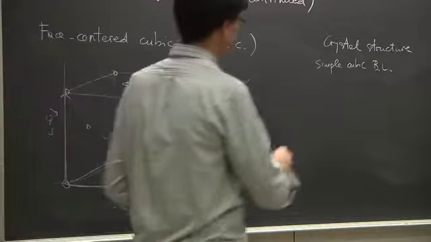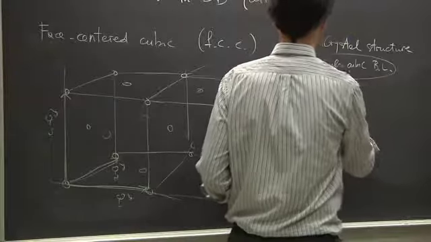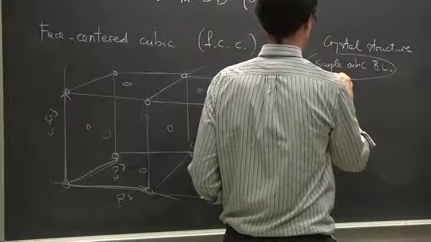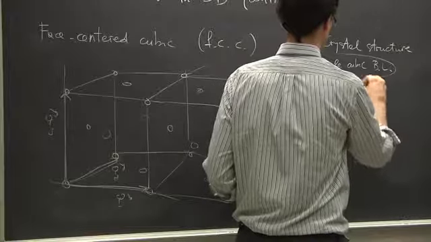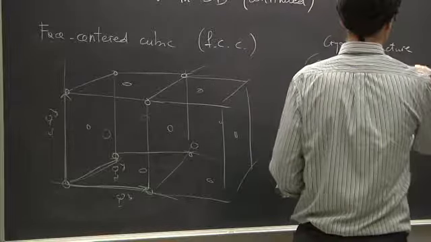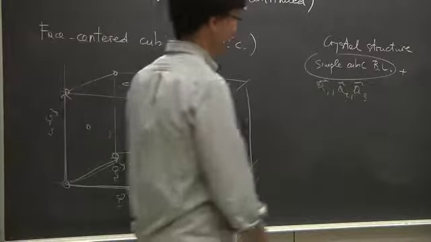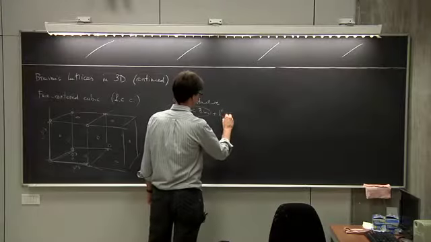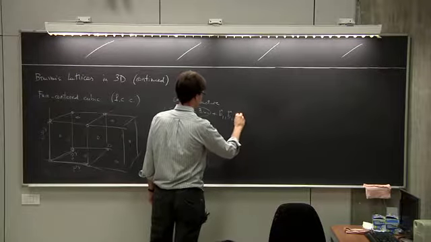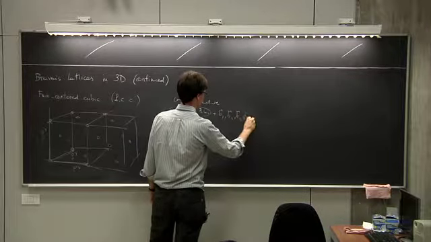Plus now 4 vectors in the basis, B1, B2, B3, and B4.